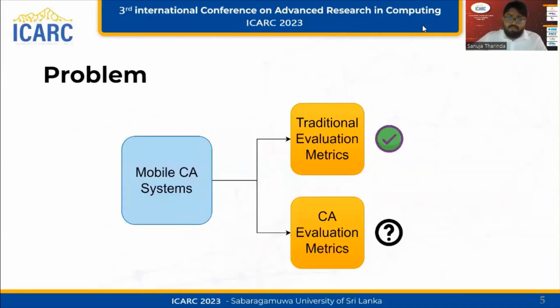Now, let's look at the problem we are addressing in our study. State-of-the-art mobile continuous authentication systems have been evaluated through traditional evaluation metrics such as accuracy, precision, and F1 score. However, since these are continuous authentication systems, it is important that they are evaluated through time, but no such evaluation has been done.